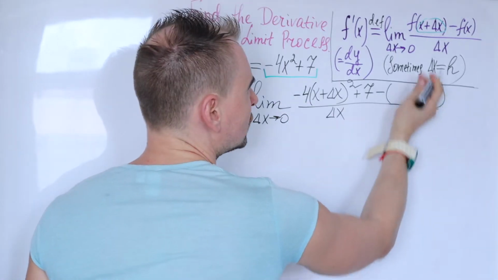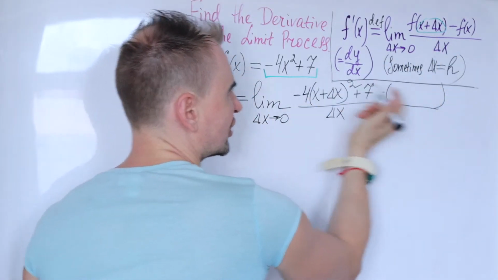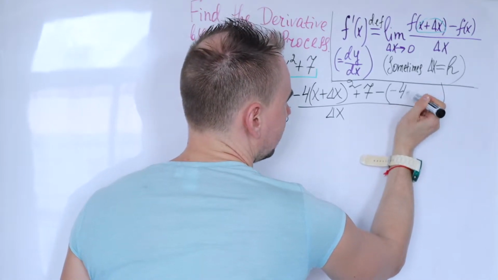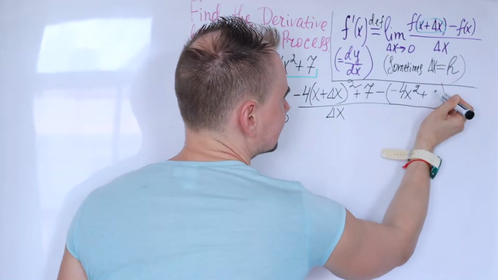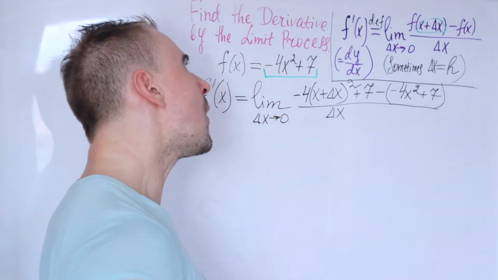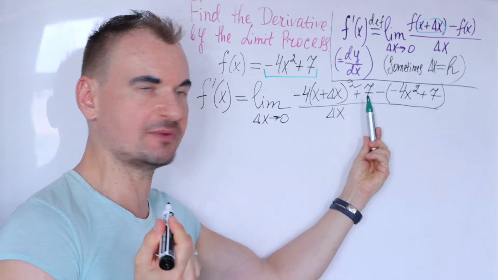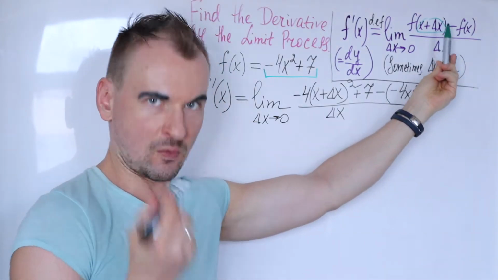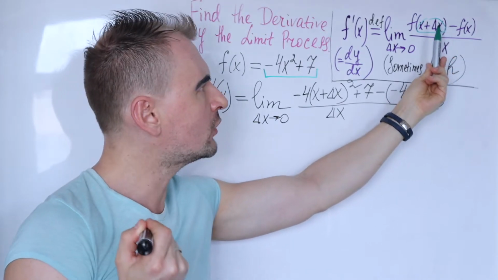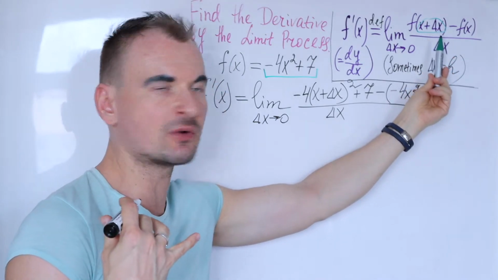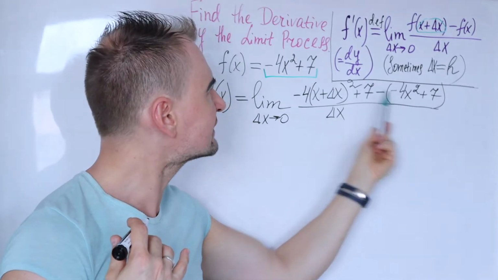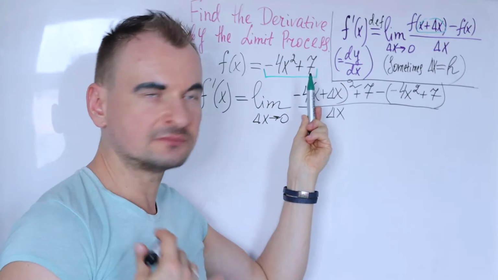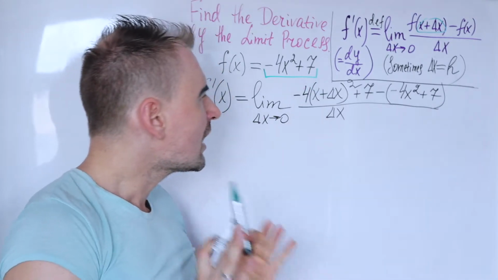And you write your f of x as this: negative 4x squared plus 7. Notice that there is a negative in front, which comes from the definition of the derivative. And this negative comes from your function, your equation.